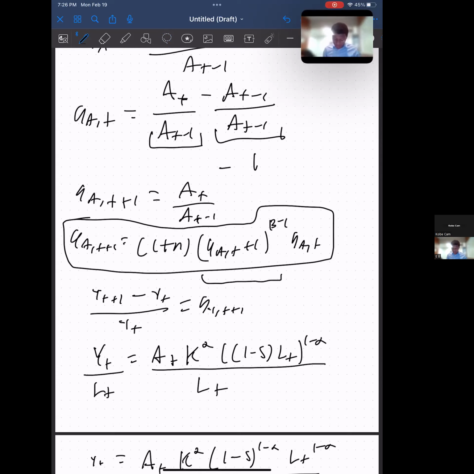Why is that? Because think about it. Let's say that beta was 3. Well, in that case, we would have G_A. Let me just copy this to make it a little clearer. So let's say that beta was equal to something like 3.